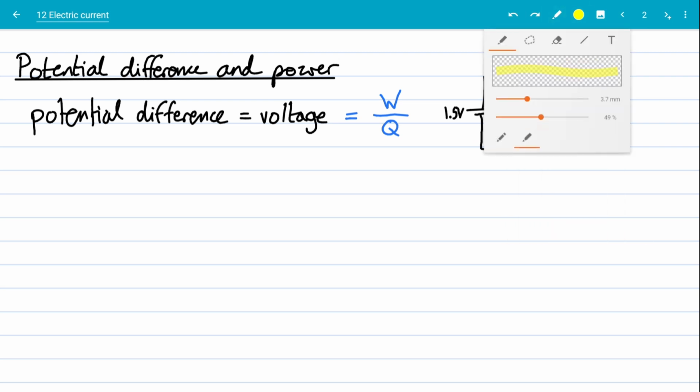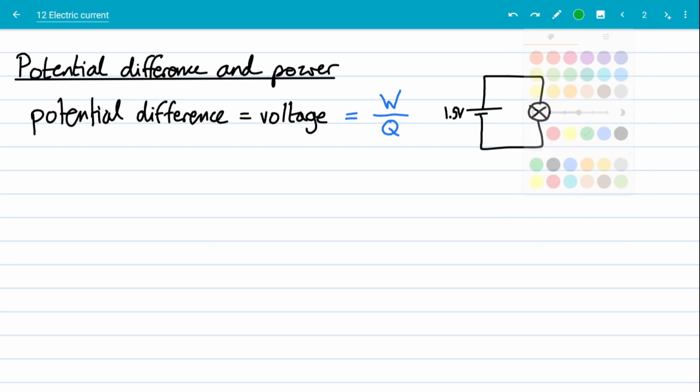Now, some people will try to get around this defective model by saying things like, well, the electrons are pushing each other around the circuit. And so each electron pushes the one next to it, and that's how the energy is transferred, a bit like a Newton's cradle thing. But that doesn't really work either, because the electrons experience greater forces at smaller distances, which means they would all bunch up and you'd get pressure waves of electrons moving through this circuit.